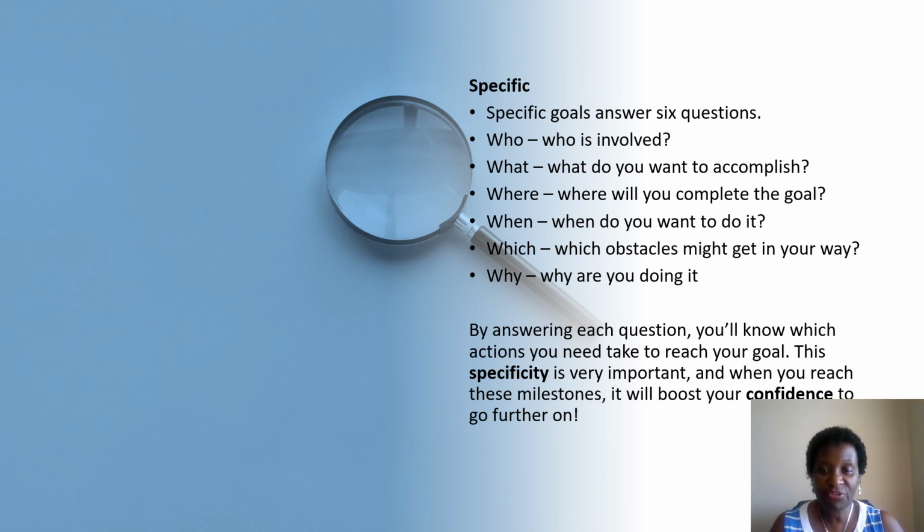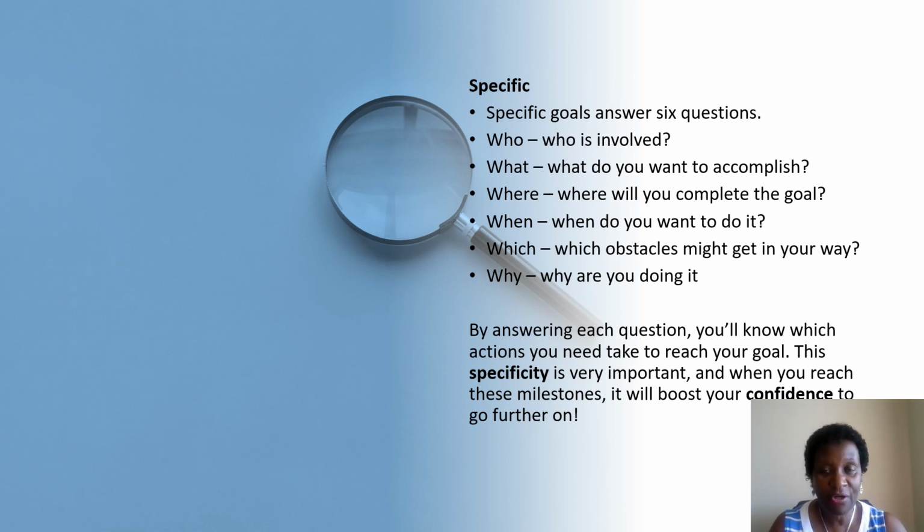Who is involved? What do you want to accomplish? Where will it be completed? When do you want it to be done? Which obstacles might get in your way and why are you doing it? By answering these questions, it makes accomplishing the goal very specific.